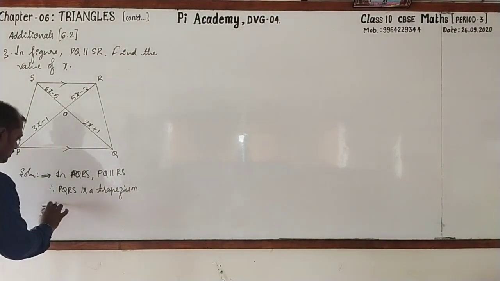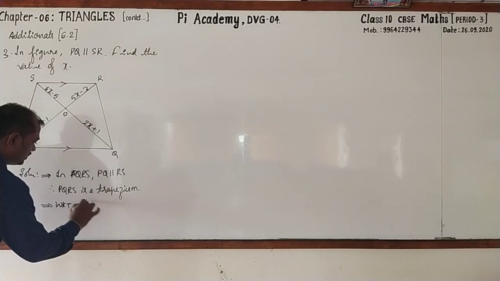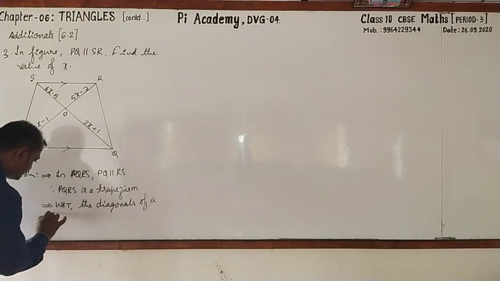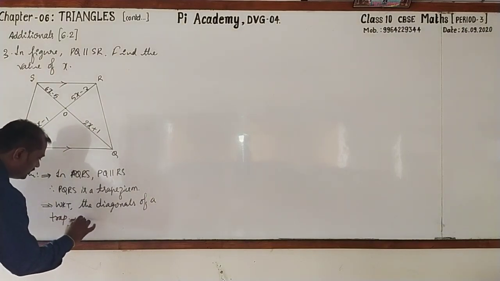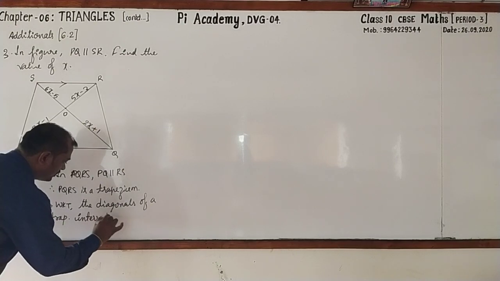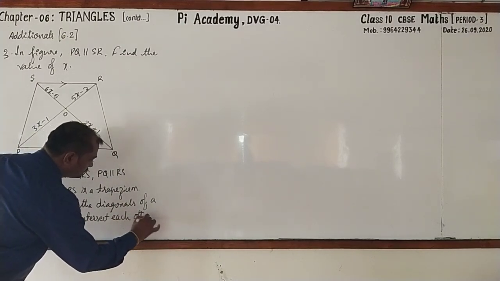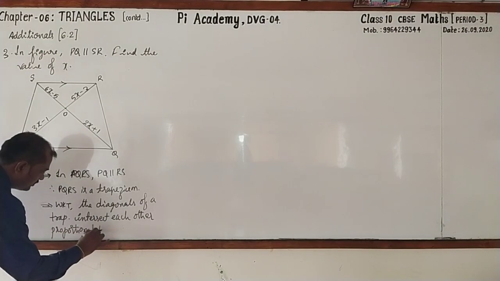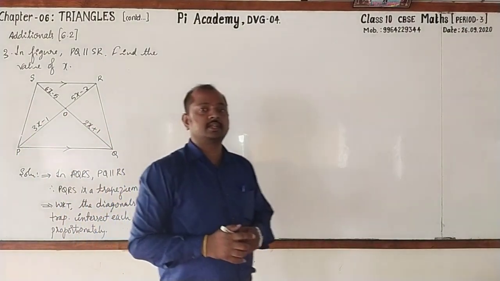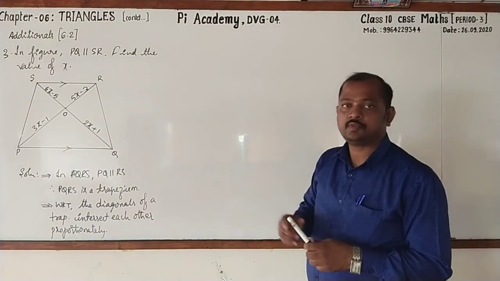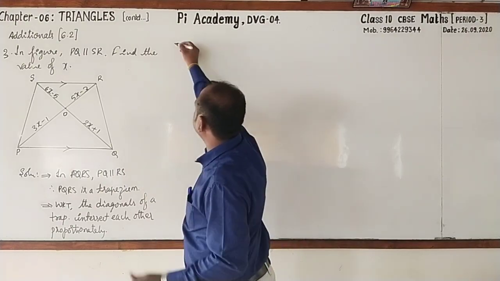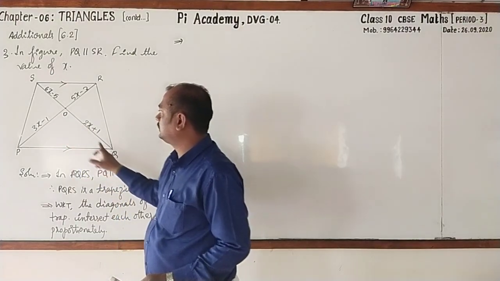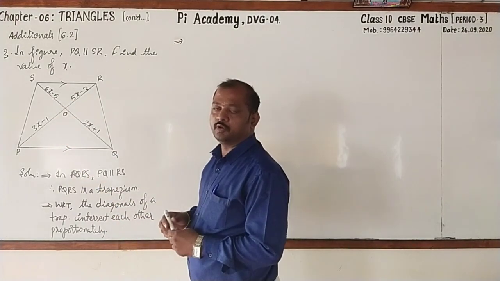Write the same statement here. We know that the diagonals of a trapezium intersect each other proportionately. Then how to write the statement? Yes, we can write the statement that it is PO by QO equal to RO by SO, right?